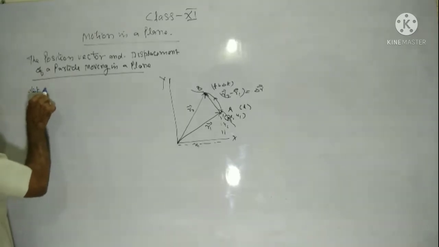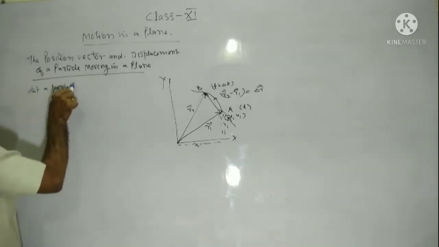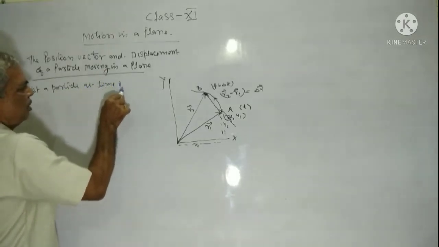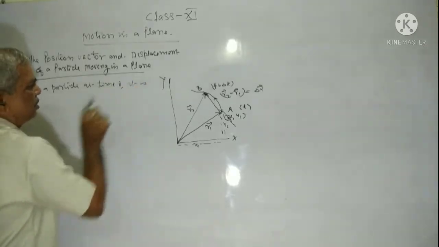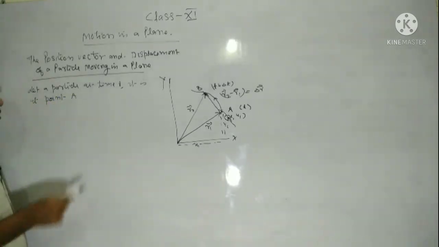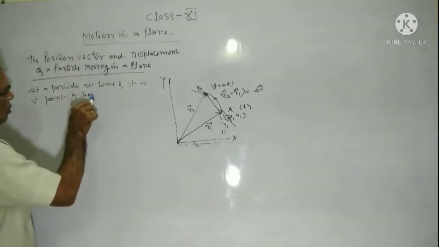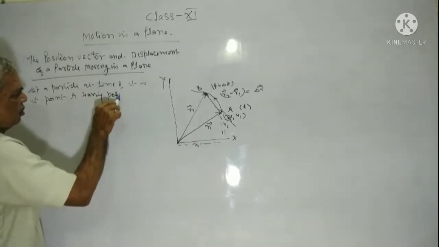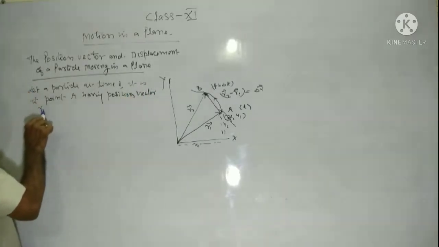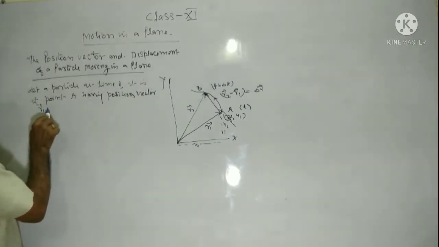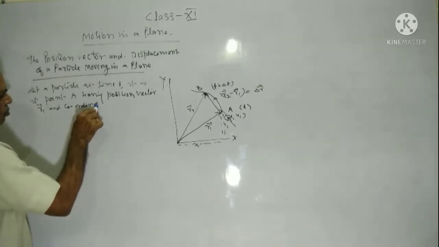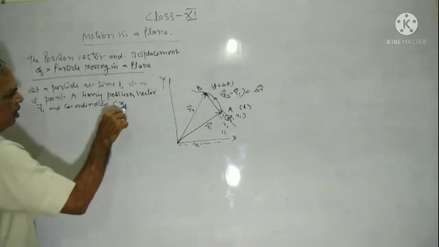Let a particle at time t be at point A, having position vector r1 and coordinates x1, y1.